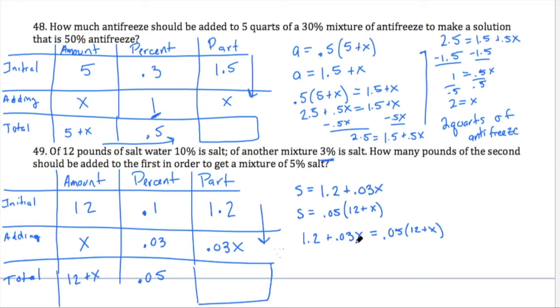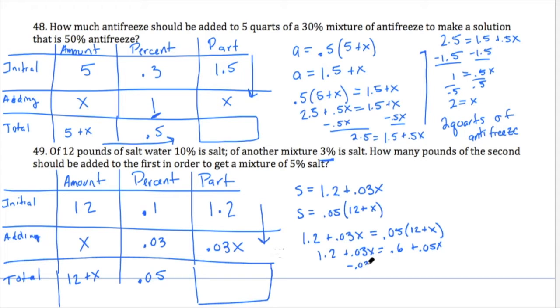Great, now we have an equation with one variable, so we can now solve it. I'll clean up the right-hand side first. So 0.05 times 12 is 0.6 plus 0.05x. All right, so let's go ahead and get all our x's on one side.